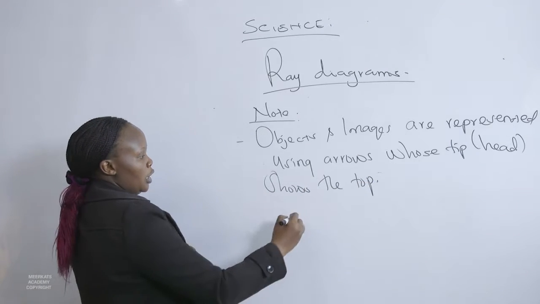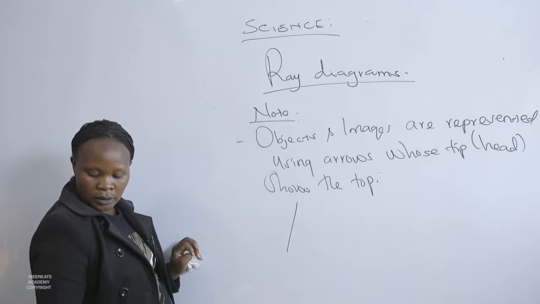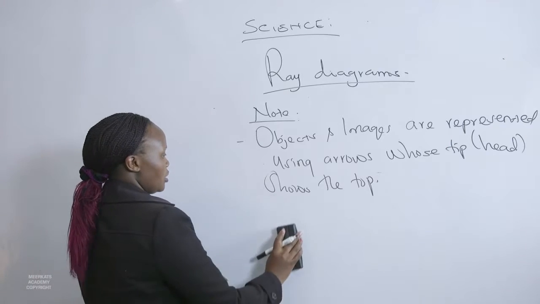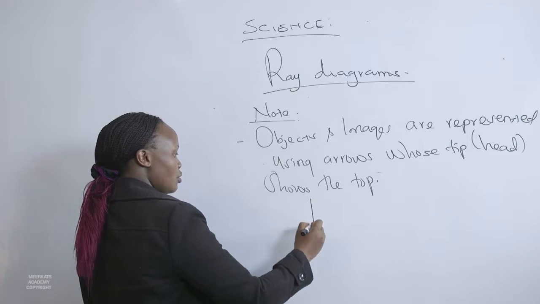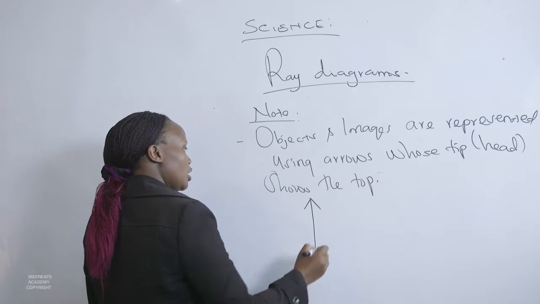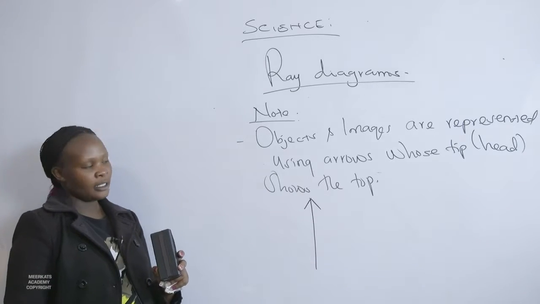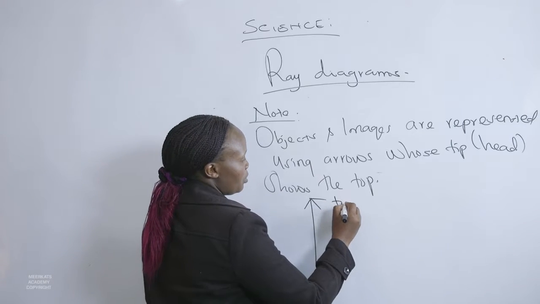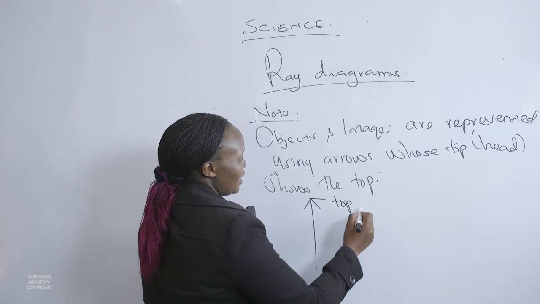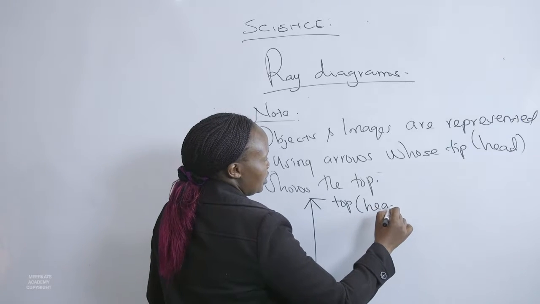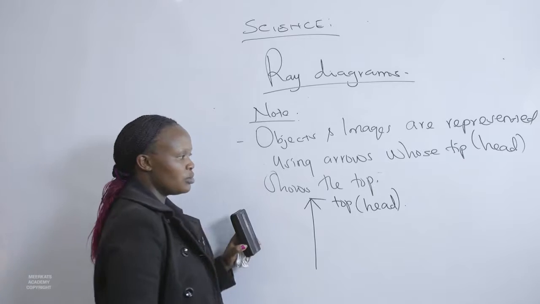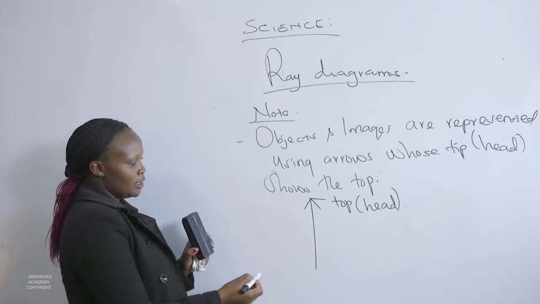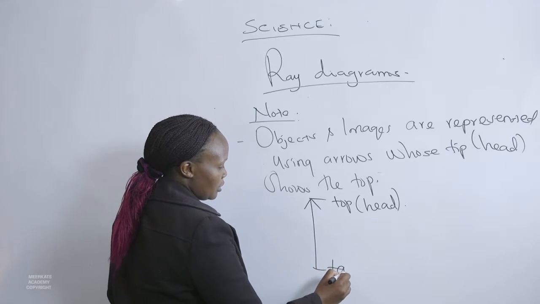So if you have an object, you are not going to draw the actual object. You will just use an arrow, where this one will show the top or the head of the object, and this one should be the tail.